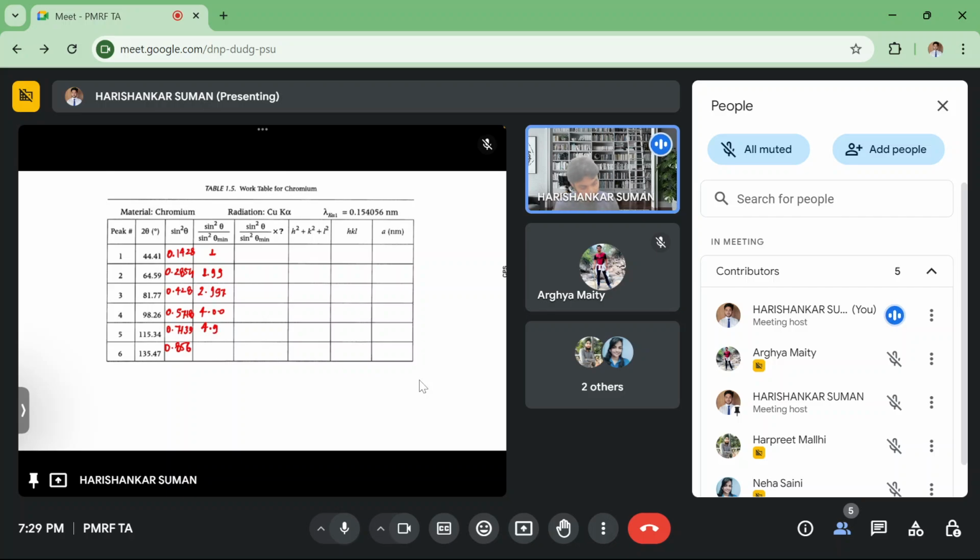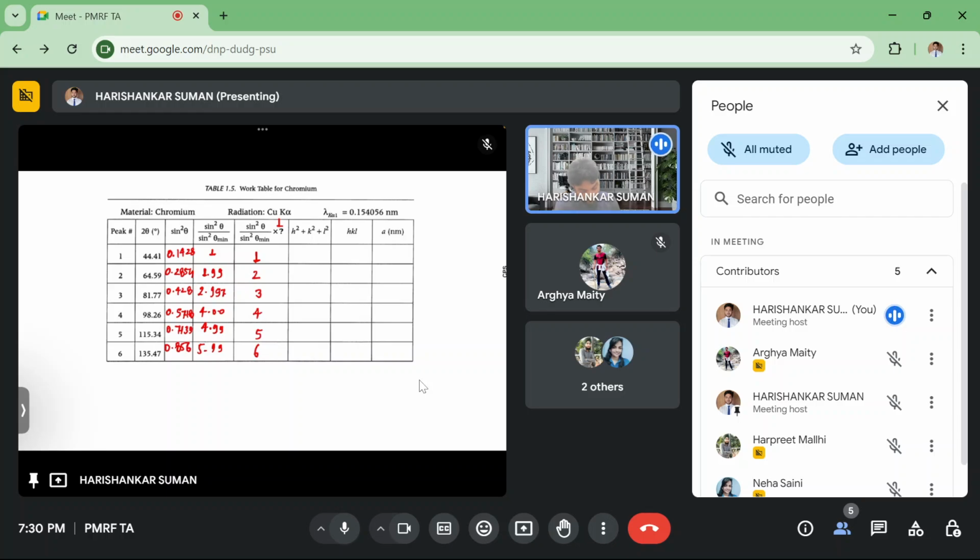Similarly, 0.856. So if you multiply by simply 1, this is around 1, 2, 3, 4, 6.